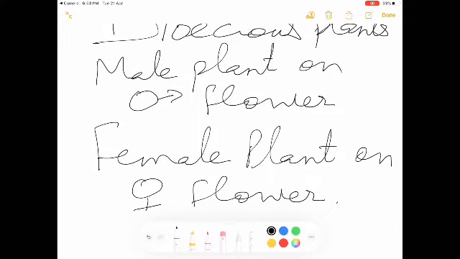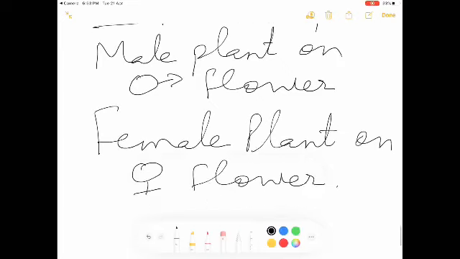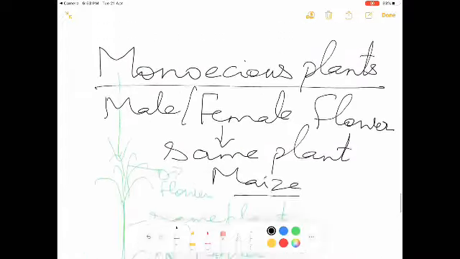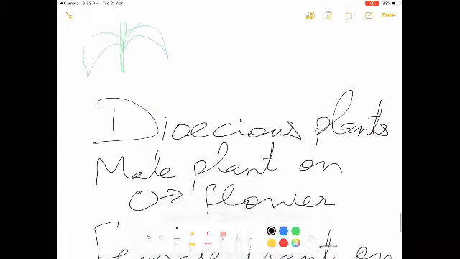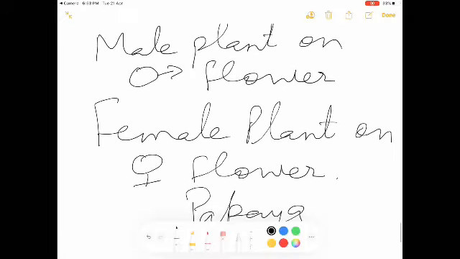So different plants are there for female and male. That's why it is called a dioecious plant. A very good example is papaya. You have seen that papaya plants mostly have different types of flowers on different plants, so sometimes some papaya plants do not bear any fruit. So because of their male and female flowers, dioecious and monoecious plants are present in our plant world.